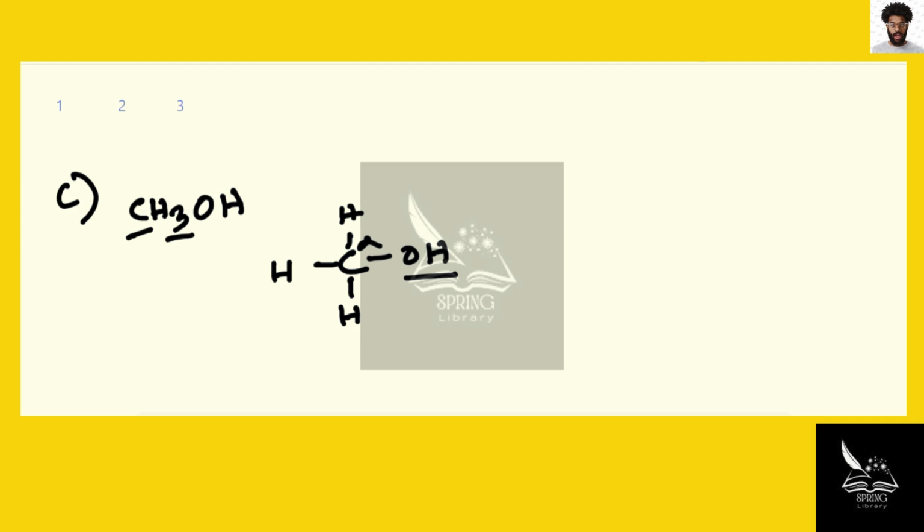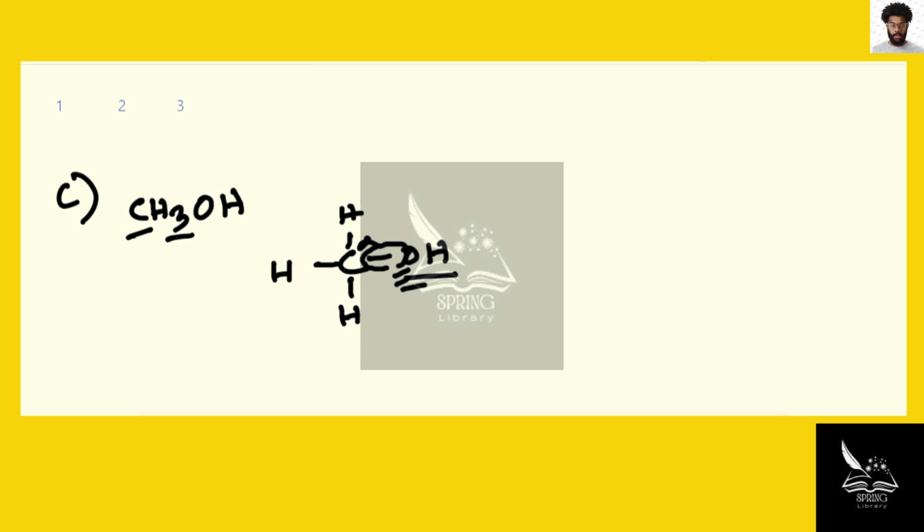But the rule is, the oxidation number of the alpha carbon is the number of bonds with heteroatoms, which is basically oxygen, nitrogen, phosphorus, chlorine, or any other non-metal other than hydrogen. So we have to count the number of those bonds, and subtract the number of bonds with hydrogen from that number. Here we have only one bond with the heteroatom, which is oxygen.